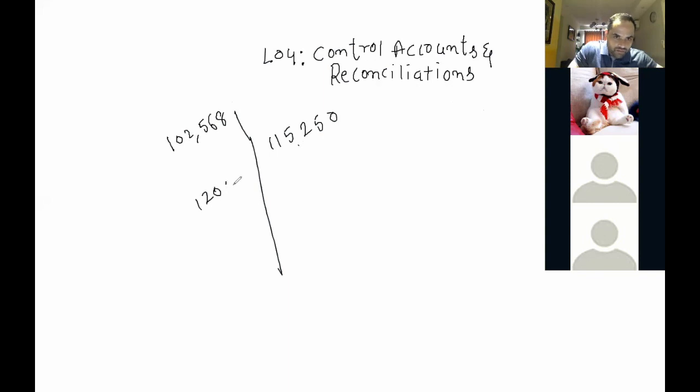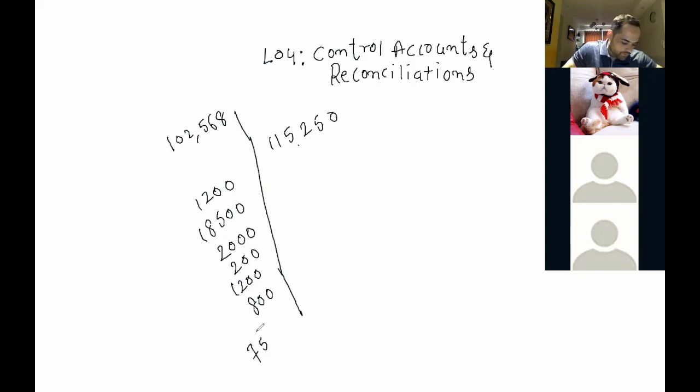So 1200, 18500, 2000, 18500, 2000, 200, 1200, 800, and 75850, right? So these are the transactions.